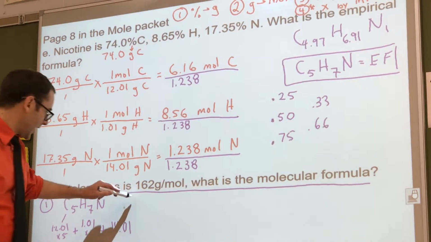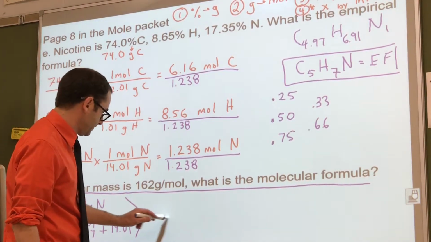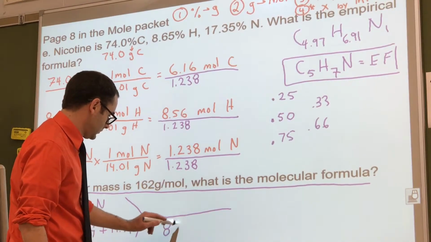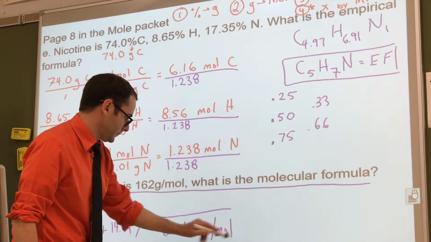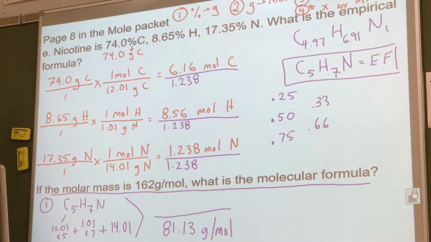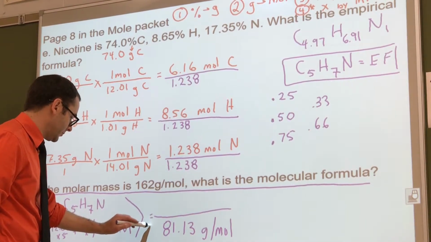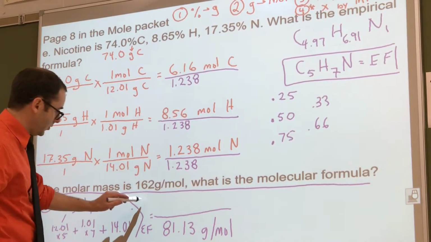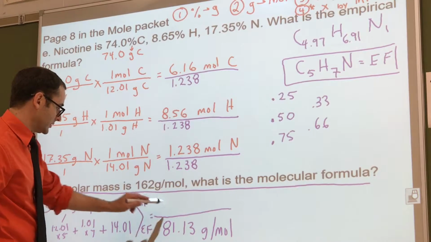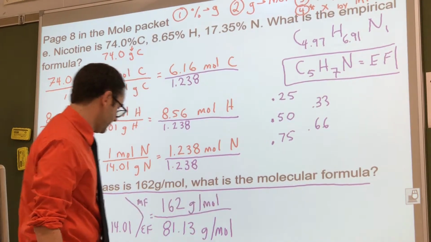When we add all of that up, we'll get our molecular mass, which is 81.13. I put it on the bottom because that's where the empirical formula goes, the molecular mass of it. And then on the top is the molar mass of the whole molecule, so that's the 162 grams per mole.